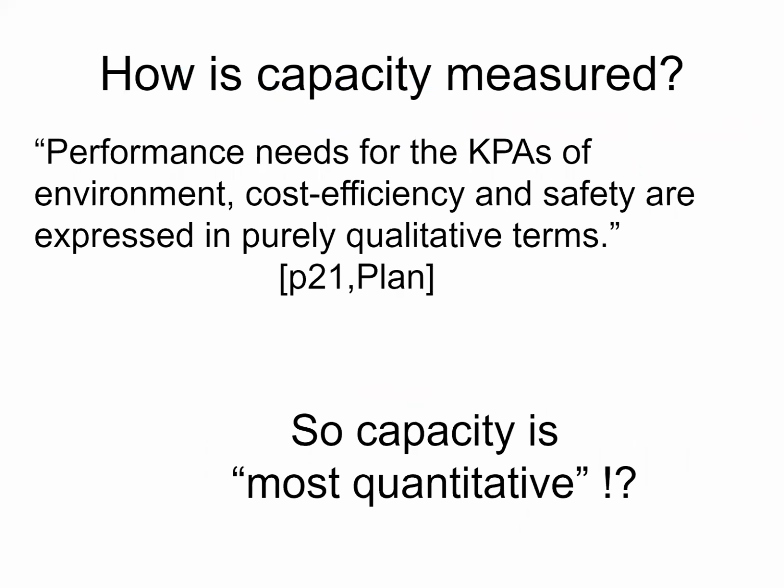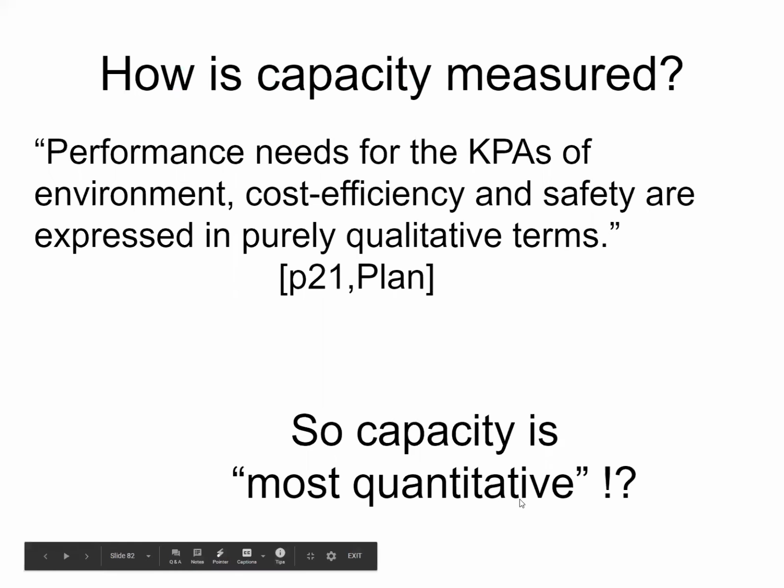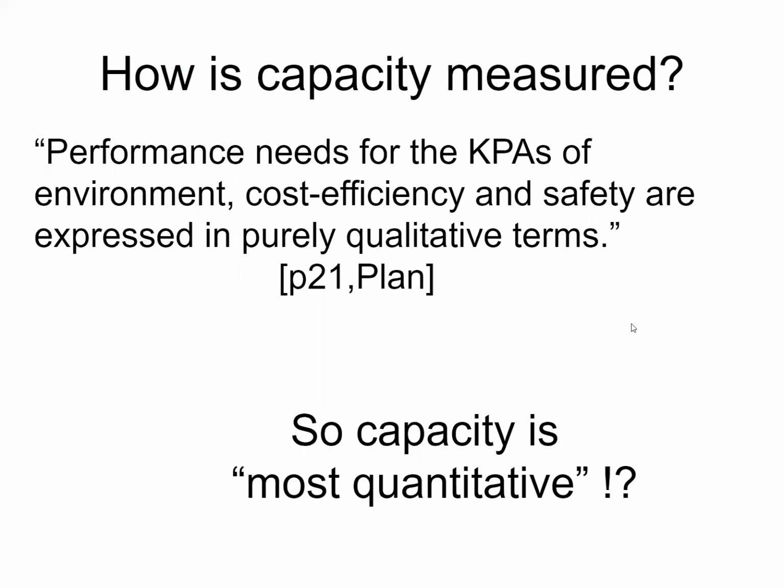One quotation that I found, I think in the second edition of the master plan, and maybe it still sits in other editions: looking at the different key performance areas, it says that environment, cost efficiency, and safety are expressed in qualitative terms, meaning that capacity is more quantitative, or maybe even the most quantitative of the KPIs.